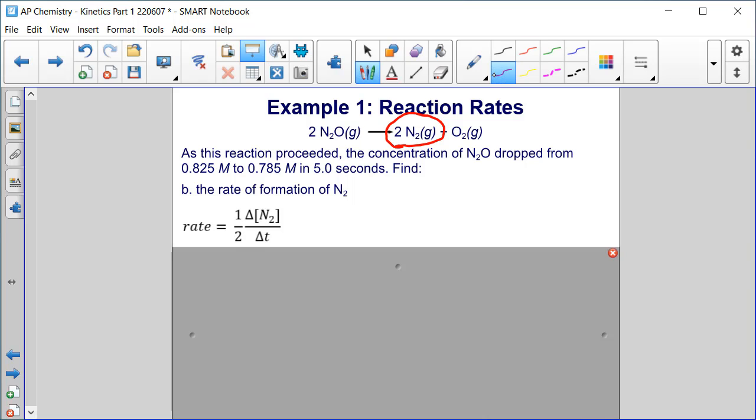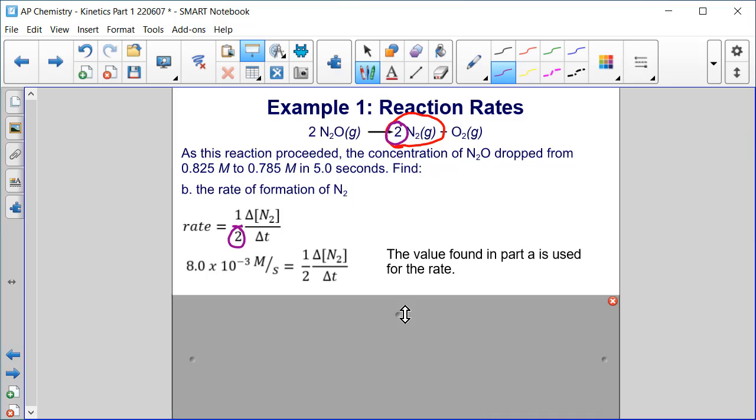Now, where does this 2 come from? Again, it's the stoichiometric coefficient times the change in concentration of N2 over change in time. And again, this rate is positive. This value is positive because we're talking about the appearance of the product.